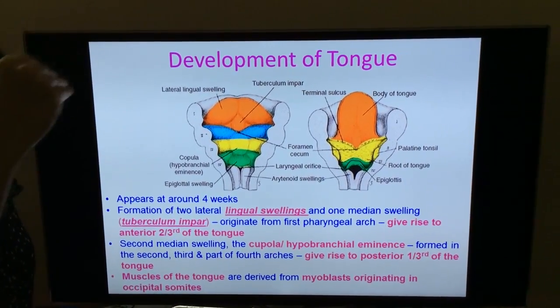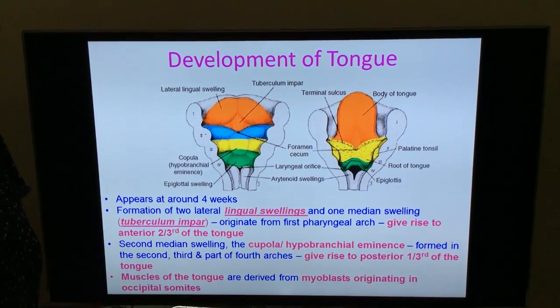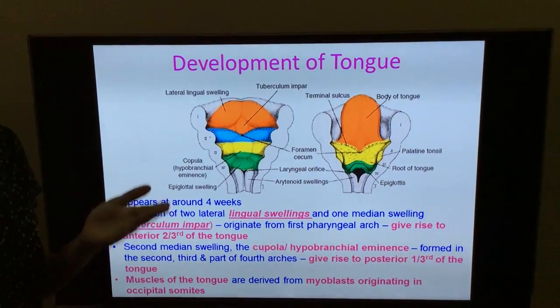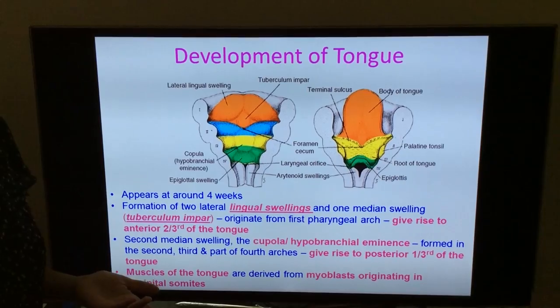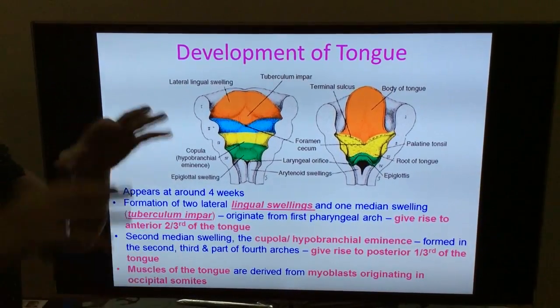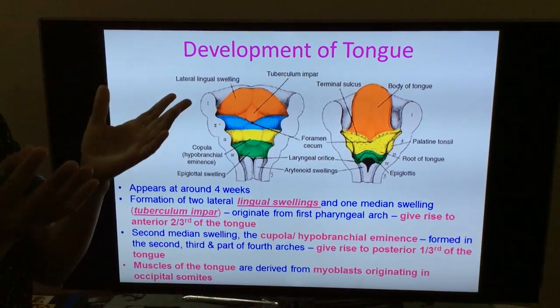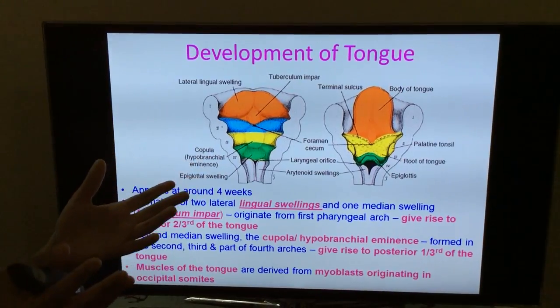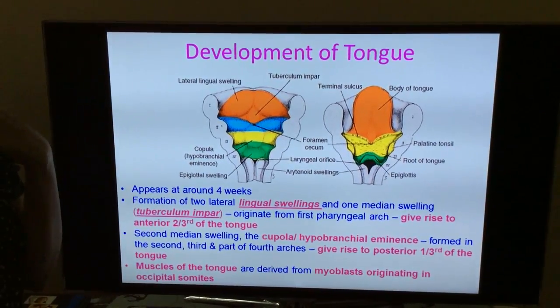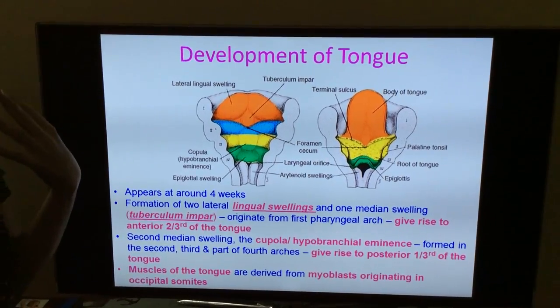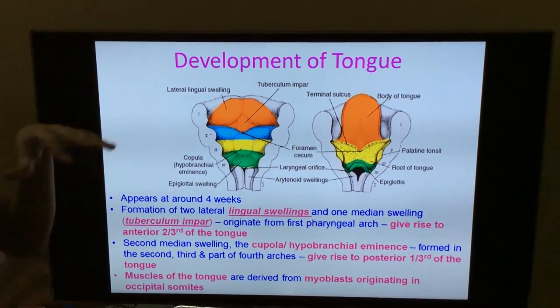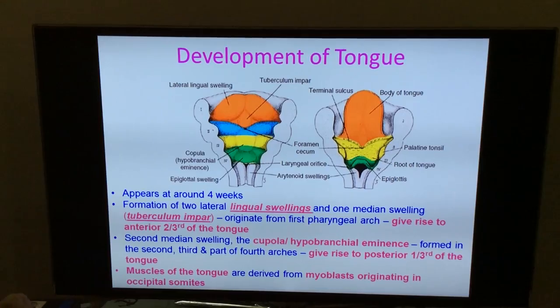These arches are separated externally by the pharyngeal cleft and internally by the pharyngeal pouch. This complete apparatus is called the pharyngeal apparatus, which gives rise to the structures present in the neck, especially the pharynx and larynx, and it also contributes to the development of the tongue.